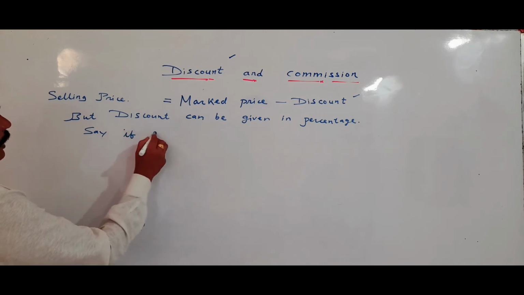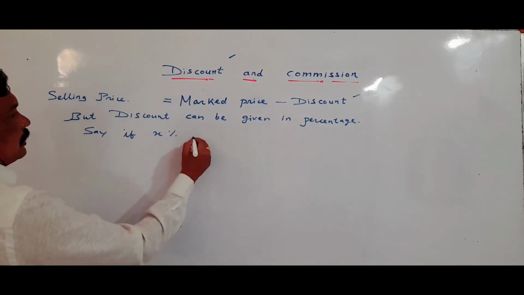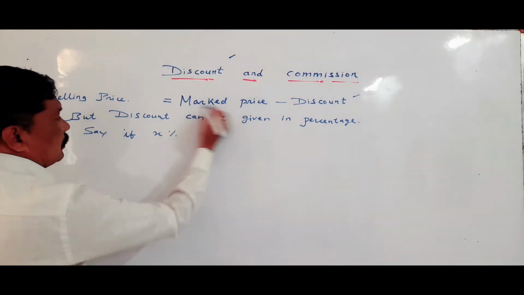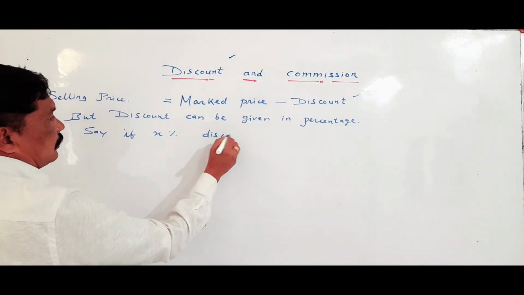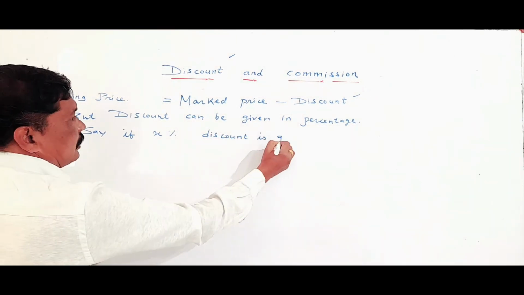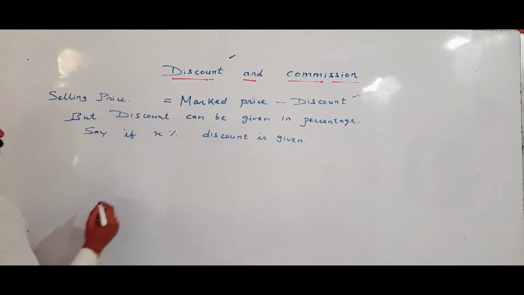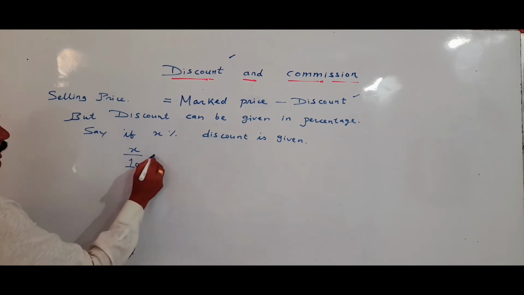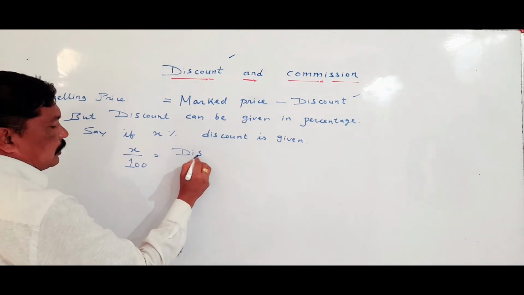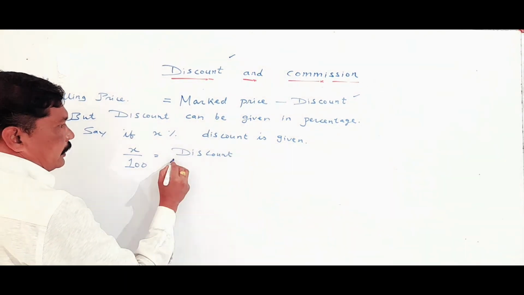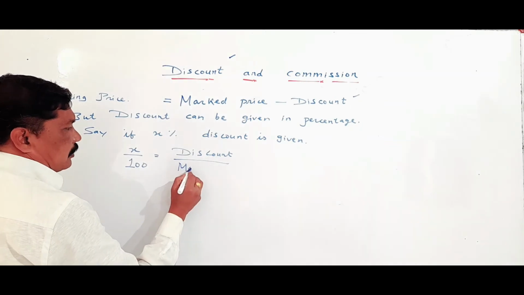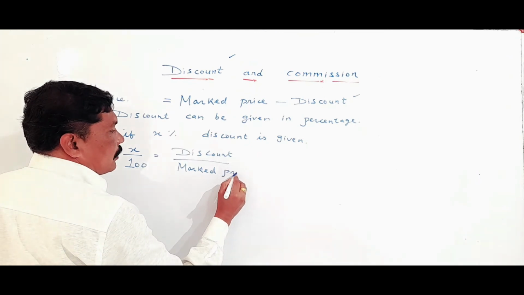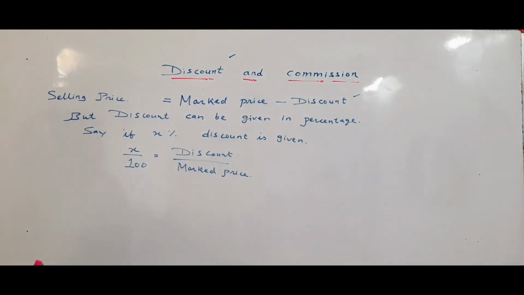Say if X% discount is given, then we get a formula: X upon 100 is equal to discount upon mark price.